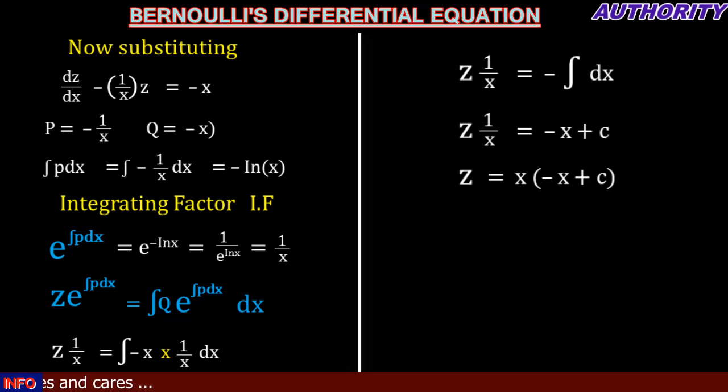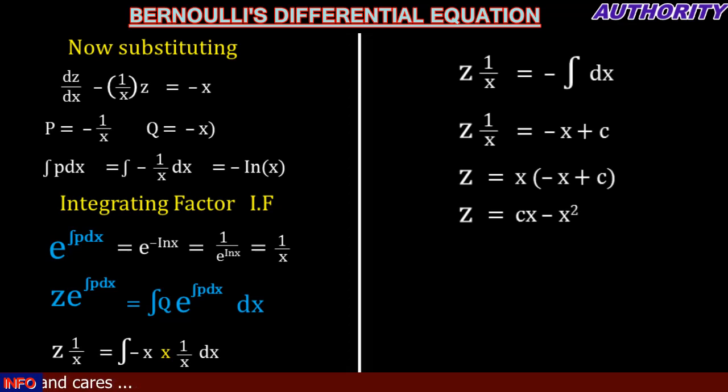So use this x to open the bracket. We are going to have cx minus x squared. So z is equal to cx minus x squared. When you say x multiplied by minus x, it gives you minus x squared, and x multiplied by c gives you cx.